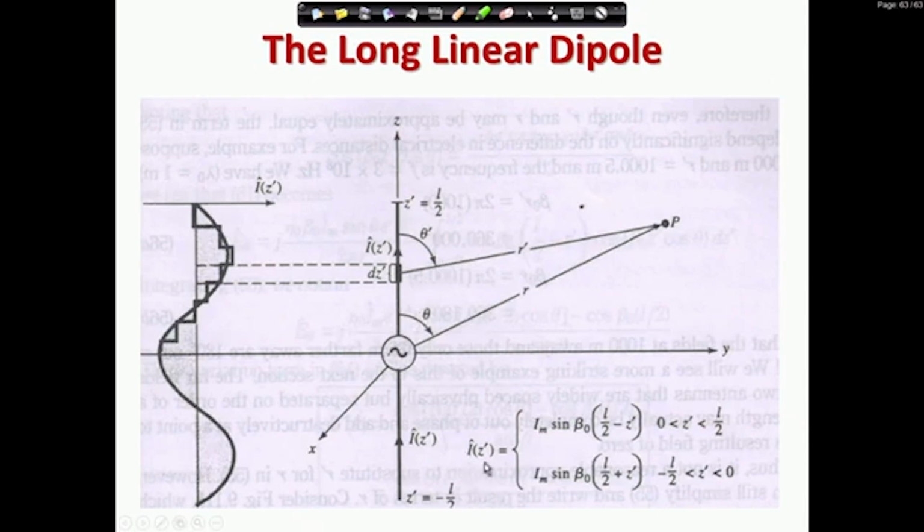So, with that I can write the current distribution I(z dashed) as I_m, some constant, into sin(beta naught (L/2 minus z dash)) for 0 to L/2, because for any antenna, the currents on the two poles will have these differential modes.